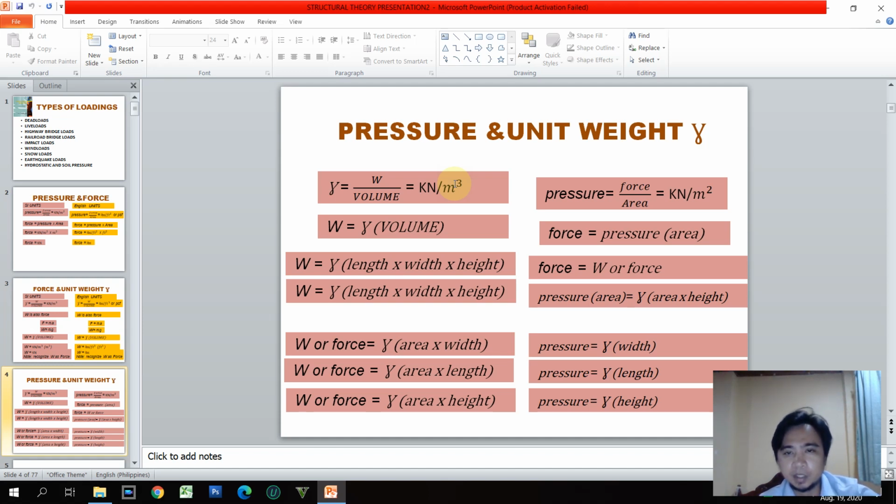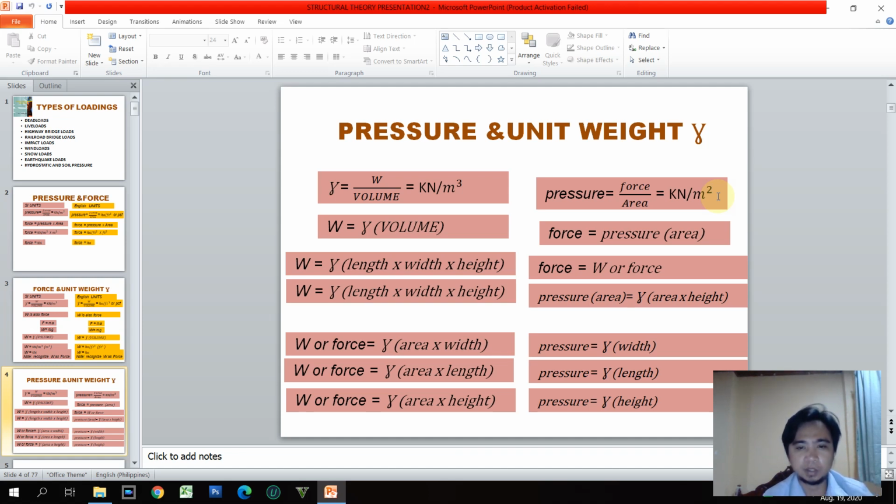So how to do that? Just multiply it by a certain distance, okay? It could be that the distance is length, or it could be the width, or it could be the height. And vice versa, if we want the pressure to be converted into volume, just divide it by the third variable of the volume.